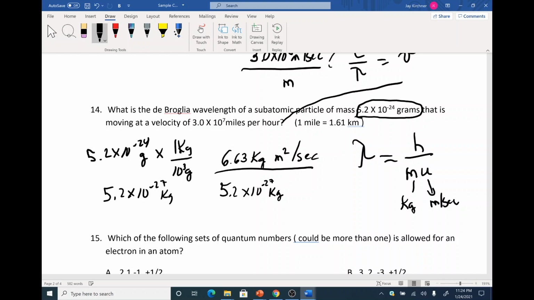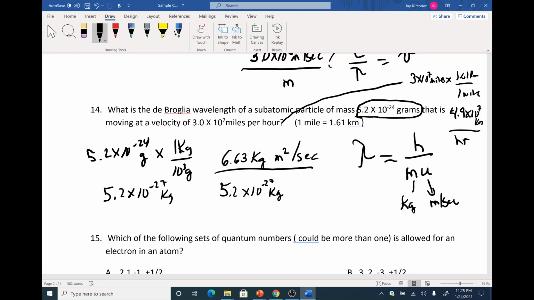Okay, so now we have to get this into meters per second, so that it cancels out with some of the meters per second there. So 3 times 10 to the 7th miles per hour times, I know there's 1.61 kilometers per mile. That's going to come out to be somewhere around, I don't have it perfectly in my head, but I think almost 4.9-ish times 10 to the 7th kilometers per hour.